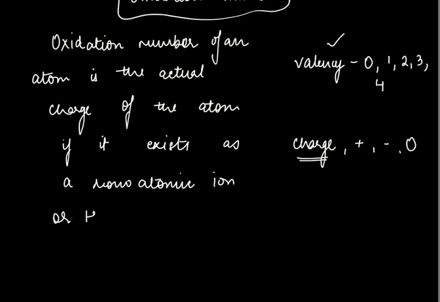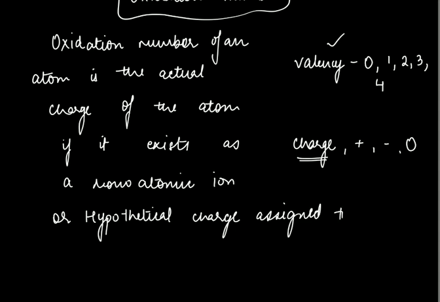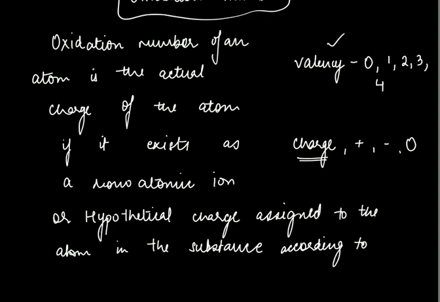Or we can even define it, first I'll write it, then I'll explain. Or we can even say, a hypothetical charge assigned to the atom in the substance according to some rules.